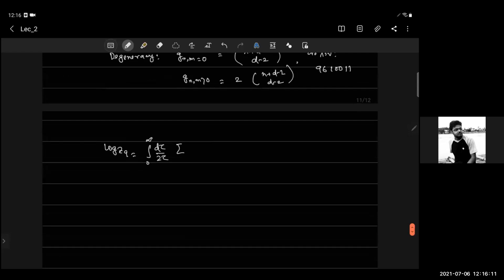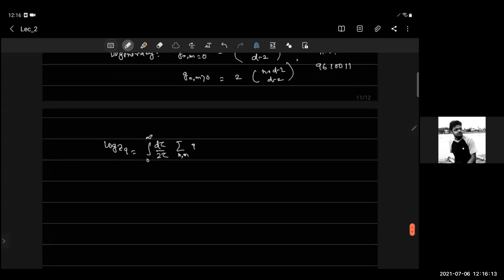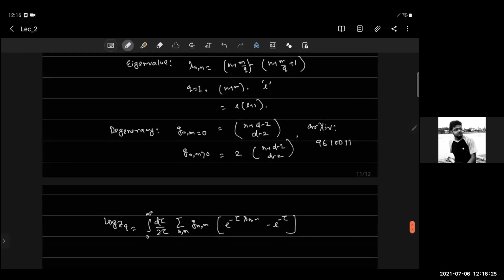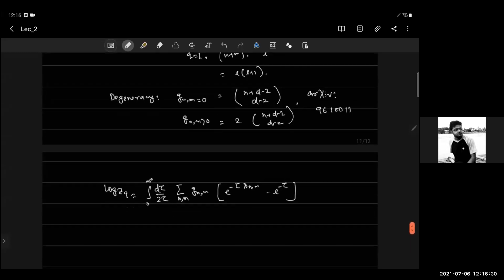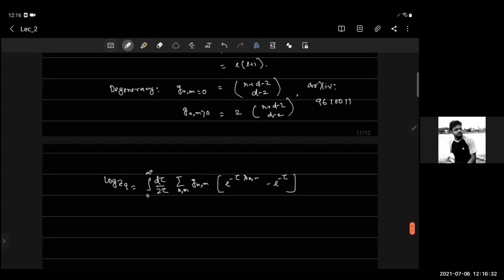Because there is a trace, I have replaced the Laplacian by its eigenvalues and the trace by the sum over n, m with degeneracy g_nm, because each eigenvalue is weighted with a particular degeneracy factor. Okay, this step is okay. Any question, comment?